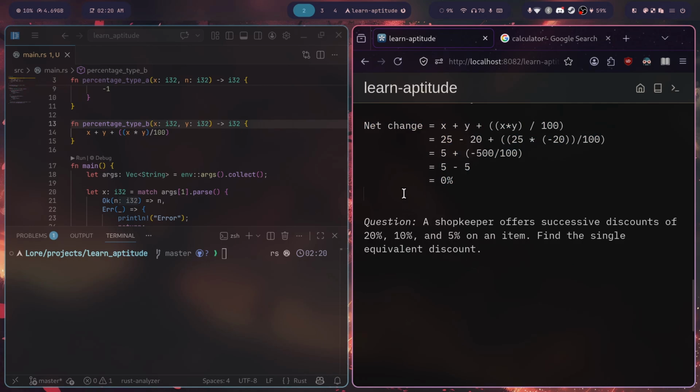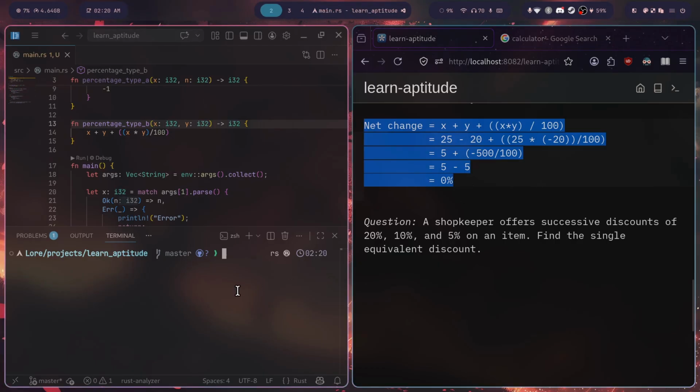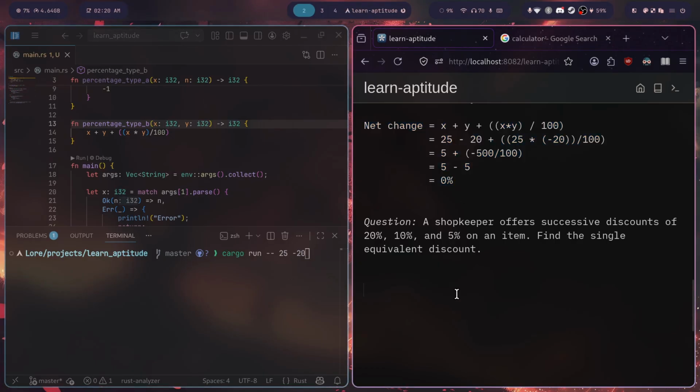Now the last question. I will not be doing this, but you can write the code for it, and I will also walk you through this. Same thing we will do. Net change, same formula, everything. Here 3 values will be there, x, y and z. Since this is a successive discount, the value is getting decreased.